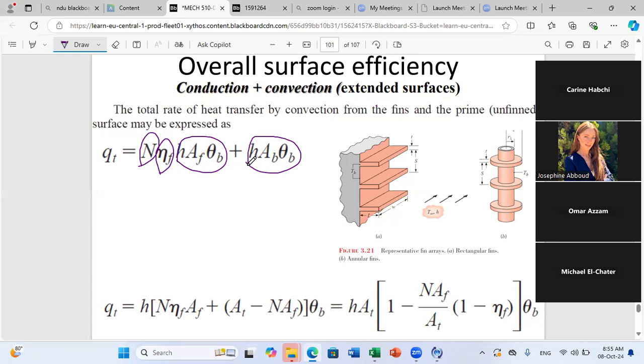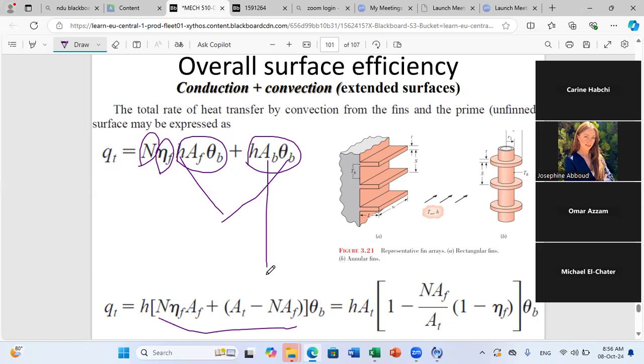So now, if I want to evaluate Q total, I do the addition of these two terms. And as you can see, h is common and theta base is common. So we can calculate then how to calculate the area of base not covered.